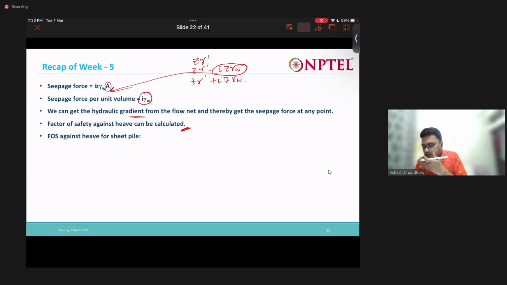So we have to stop that heave. The factor of safety against heave, which was already taught in class, is nothing but the submerged weight of the soil, contributing downwards, to the upward force.